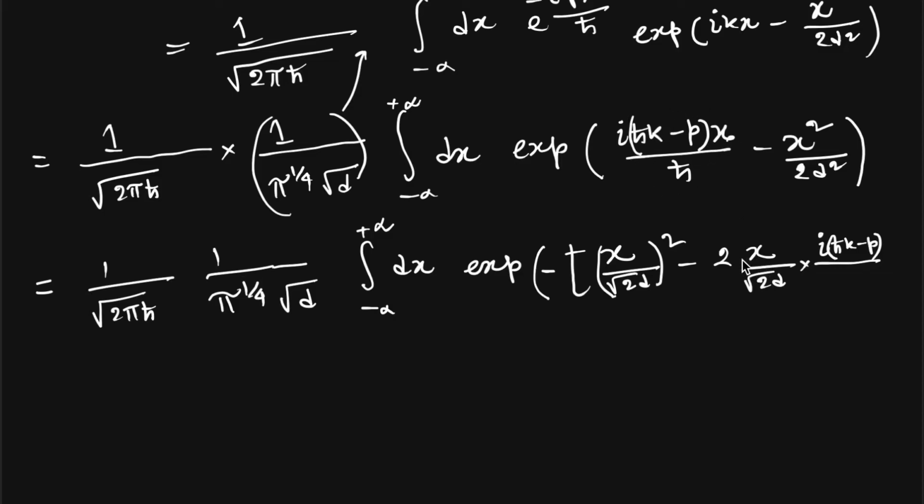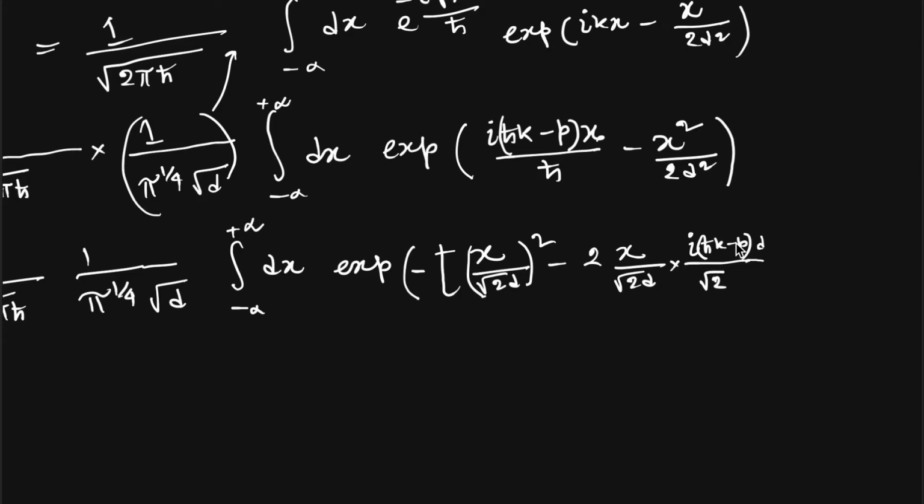We rewrite this term like this, x by root 2d. So we have to again take x, whereby there will be no root 2d, so we have to take one root 2d on the upper side, root 2 into root 2 is 2, that will cancel, d and d cancel, and finally it will be left i ħ p x. So we rewrite this term.